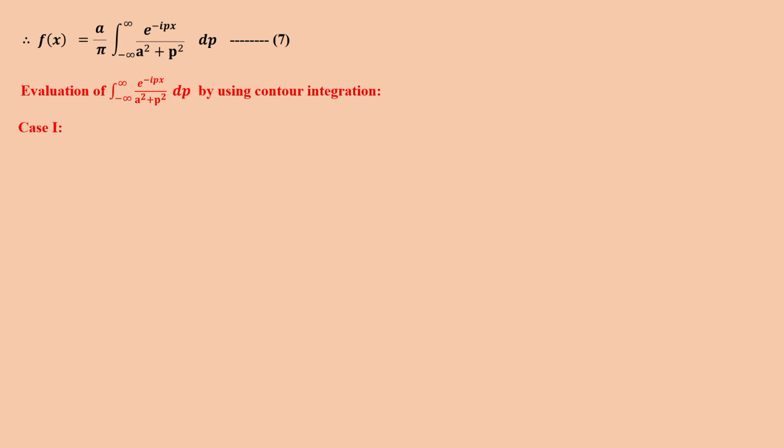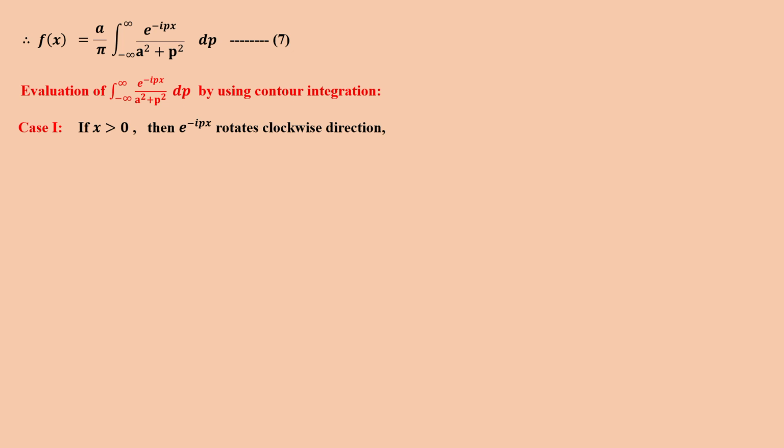So first, case 1. Suppose x is greater than 0, right? X greater than 0 means e power minus i p x rotates in the clockwise direction. In the previous video, we saw how to evaluate the contour integration and how to take the rotation of e power i p x, so we are using those ideas here.